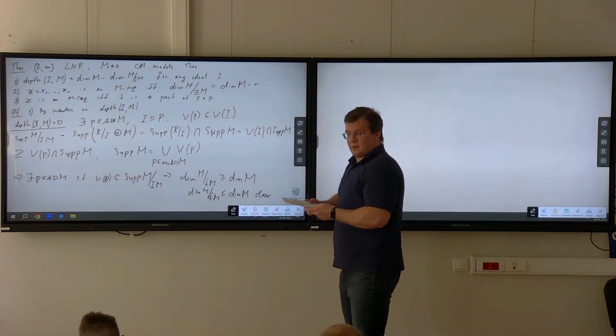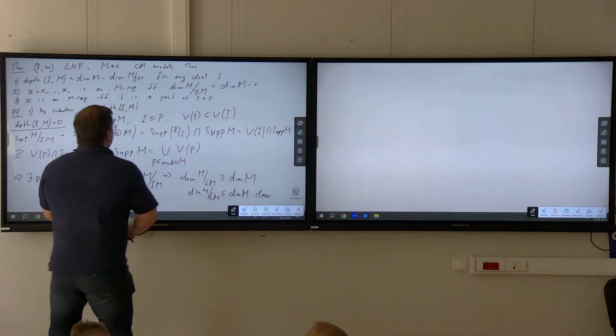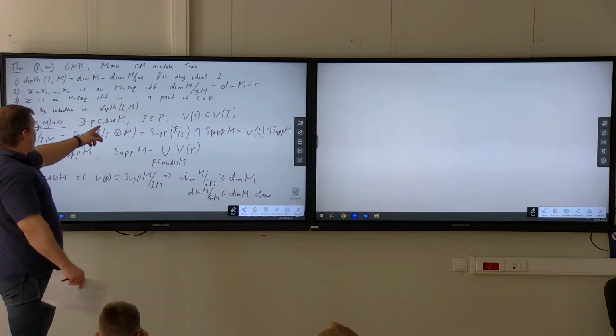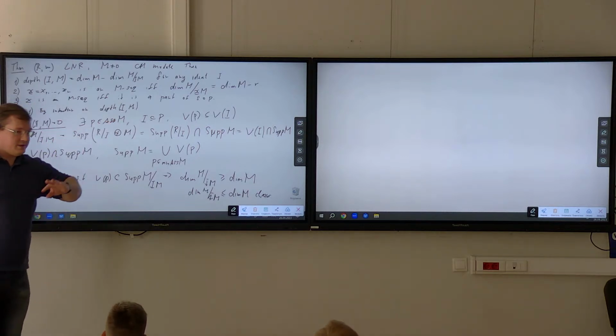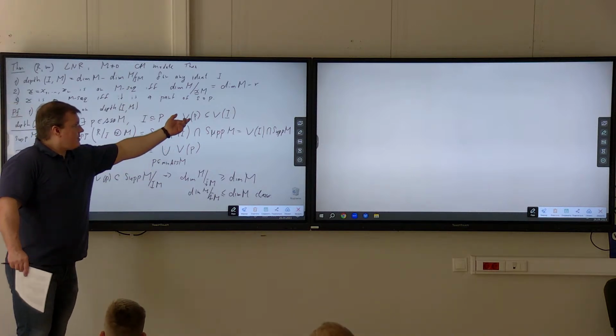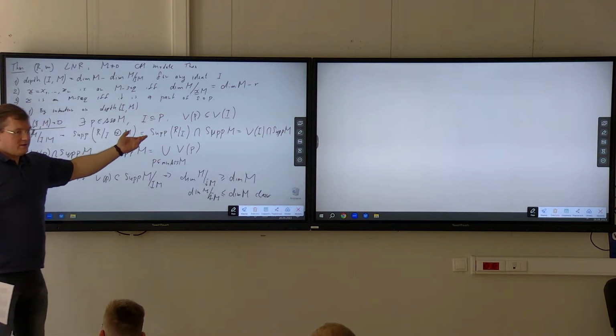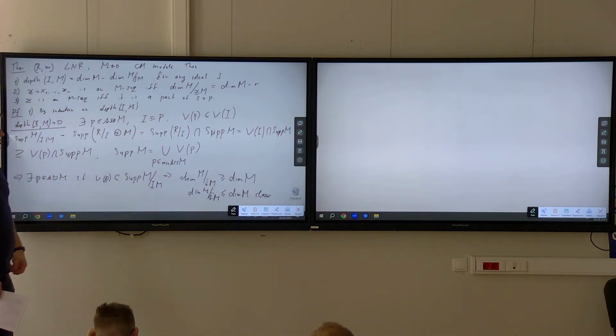Can you please repeat the geometrical part? Well, geometrically, I'm saying that I have this M. I'm thinking about this as a coherent sheaf, right? And then it is supported on something, but the something has irreducible components which are V of the minimal associated primes. So in this case, it's just all associated primes. They're all minimal in the commutative situation.